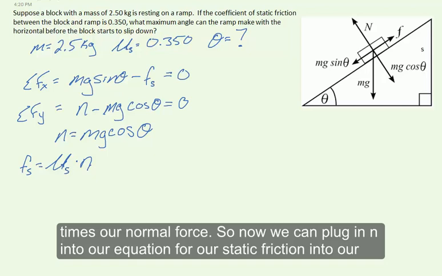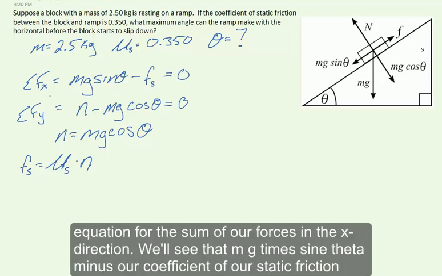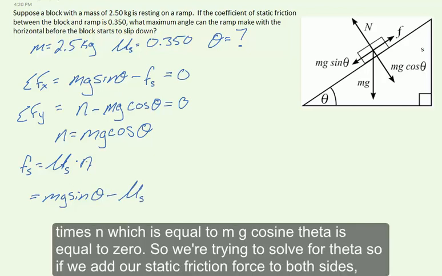So now we can plug n into our equation for our static friction, into our equation for the sum of our forces in the x direction. We'll see that mg sine theta minus our coefficient of static friction times mg cosine theta is equal to 0.